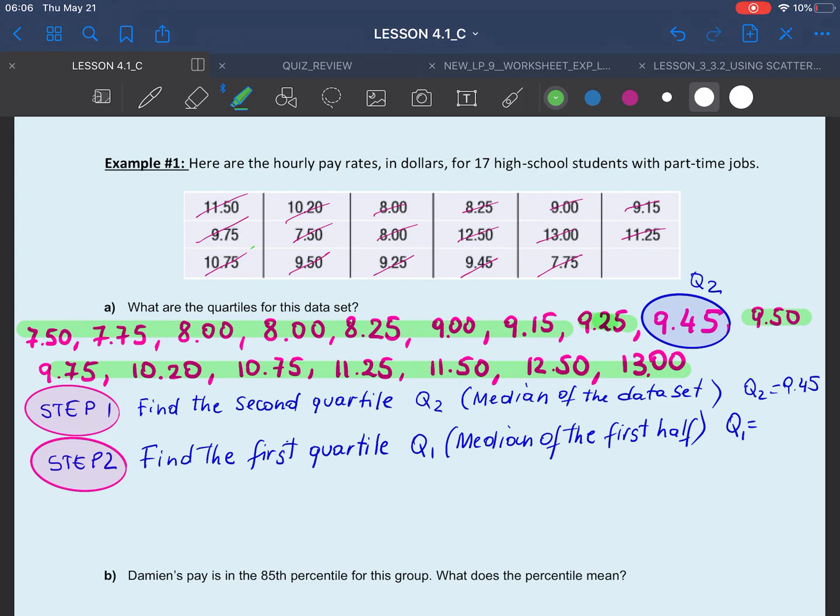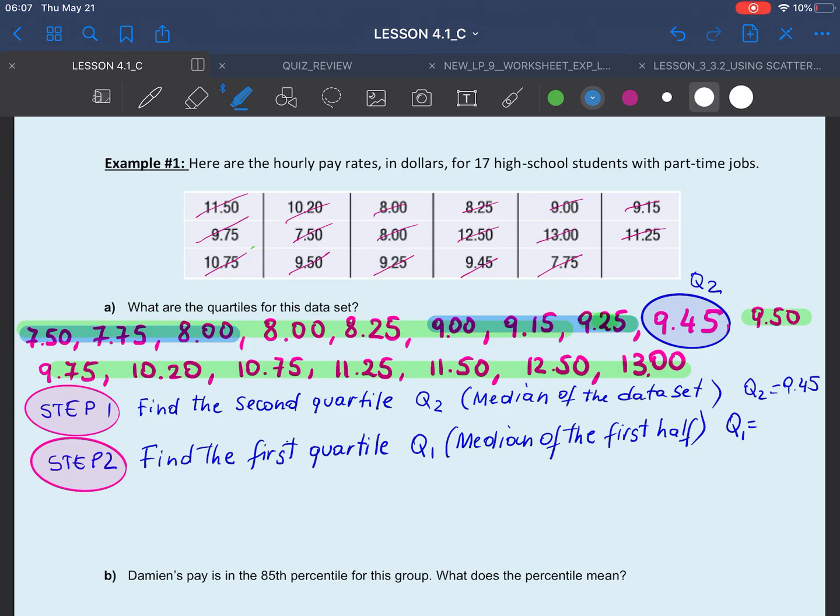So in this case, what I would do is I would go in my first half here. This is our first half. And I'll try to find the median. So again, I'm going to use a highlighter. And I'll go 1, 2, 3, 1, 2, 3. I see that I have 2 numbers in the middle.